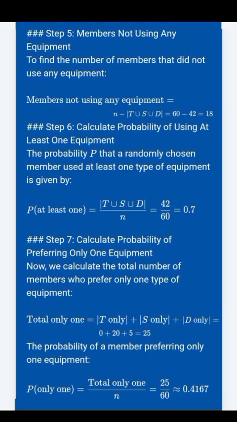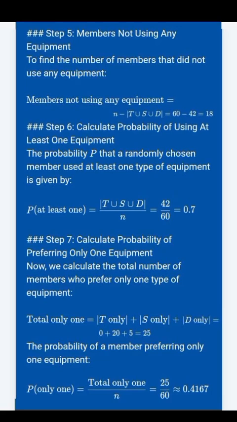So the probability of at least one equipment is the number of T union S union D over the total number, which is N, and we get 42 over 60, finally 0.7. It is our answer.